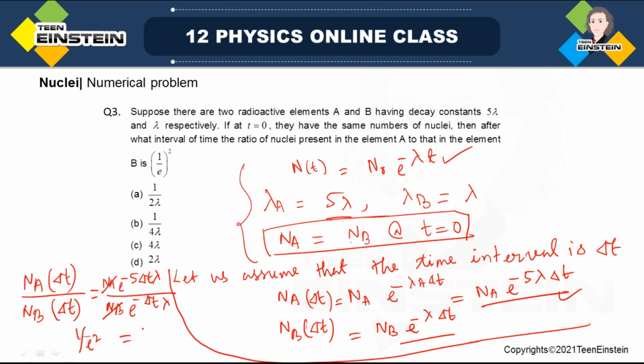And in the right hand side, if you solve, it will be positive, so it will be minus 4 delta t into lambda. Since it is negative, I'll write this as 1 over e to the power 4 delta t into lambda.